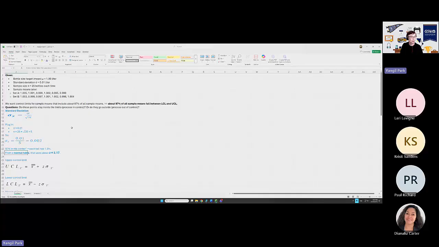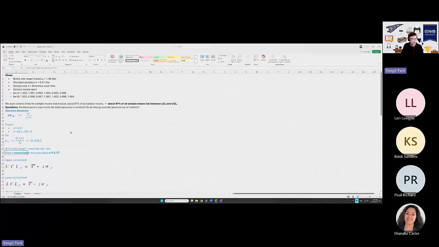So that's the story of this question. The main thing we're trying to do is determine the upper level and lower level that those means go into. If the means are within those limits, then you're good. If the means are outside, then those processes are out of control.